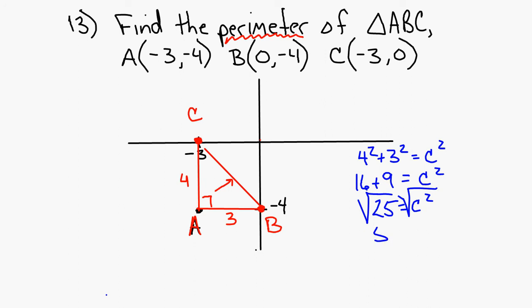So 5 equals c. And I guarantee you, answer A on your quiz is going to be 5. But that's not the question, is it? Nope. The question isn't how long is the third side, it's what is the perimeter. So the perimeter is equal to 4 plus 3 plus 5. All right, so the perimeter is equal to 12.